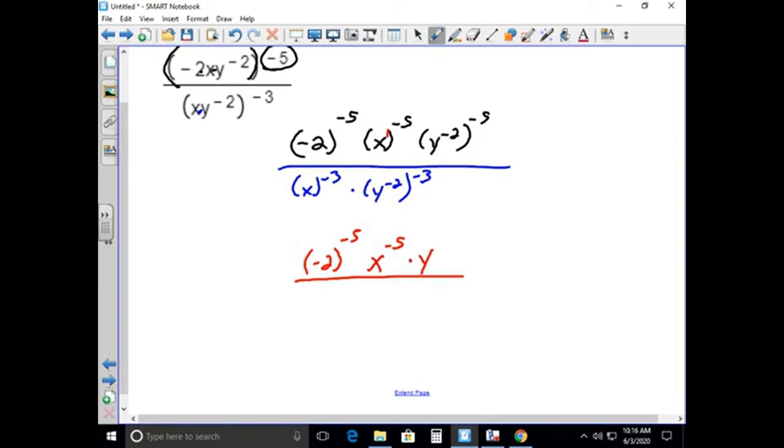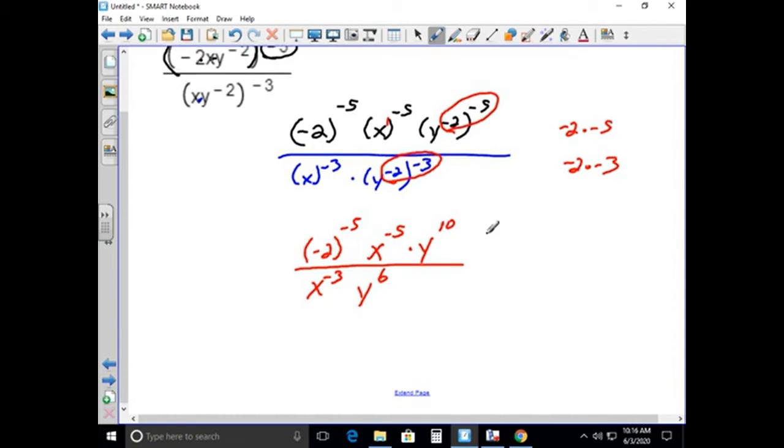When we raise this to the -5, we multiply those exponents. So -2 times -5 is 10. On bottom, we have an x to the -3. And then when we raise this to the -3, we multiply those exponents. So we get y to the +6.